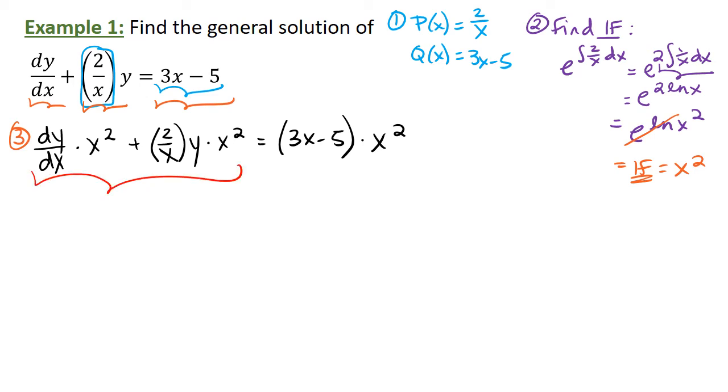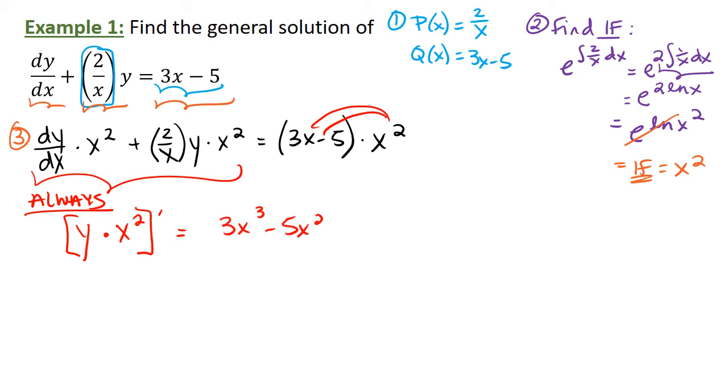When I simplify this, I will always end up with the derivative of y times the integrating factor, in our case, x squared. This is always, always, always. And that's why I put a couple stars on the previous slide by simplify. So take note of this. Then I'll distribute this x squared, and this is equal to 3x cubed minus 5x squared.